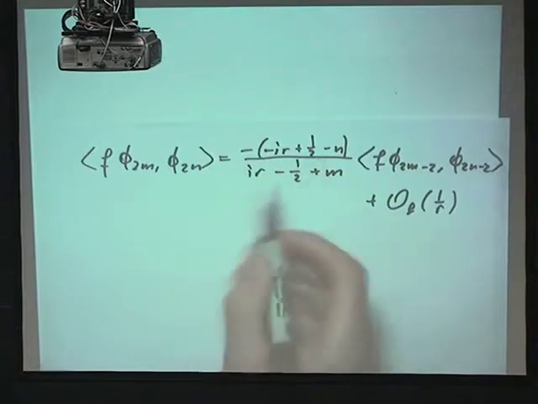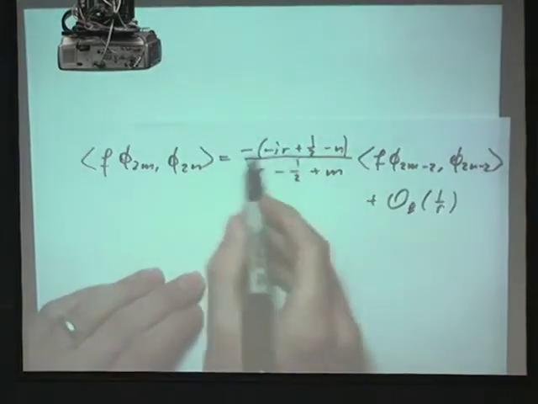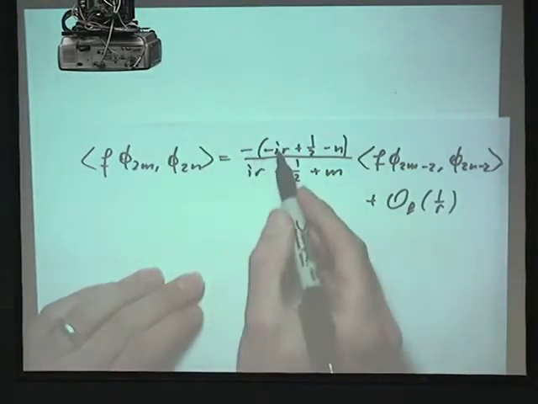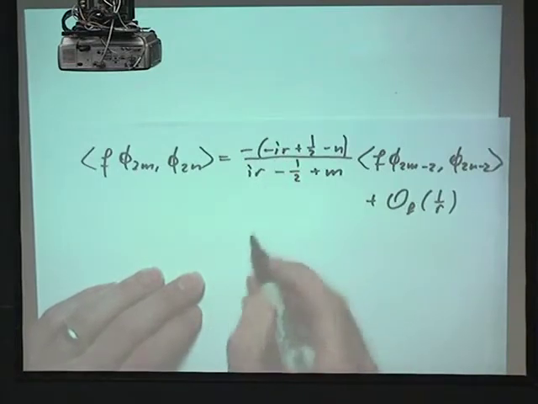And there are many minuses, so it's good that now with the many minuses there actually is no minus, so that the numerator looks more like the denominator.